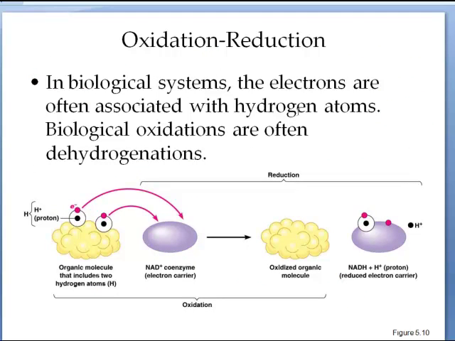In biological systems, the loss of electrons is always followed by the removal of hydrogen atoms. So notice up here we are showing that electrons are being removed, but that electron is associated with the hydrogen atoms.